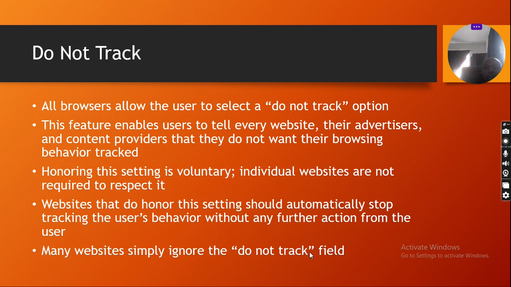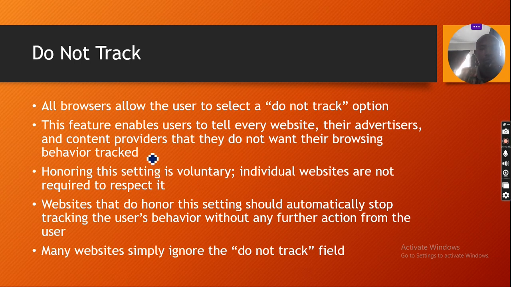Now, do not track. Sometimes we have do not track scenarios. All browsers allow users to select a do not track option. These features enable users to tell every website, their advertisers, and the content providers that they do not want their browsing behavior tracked.